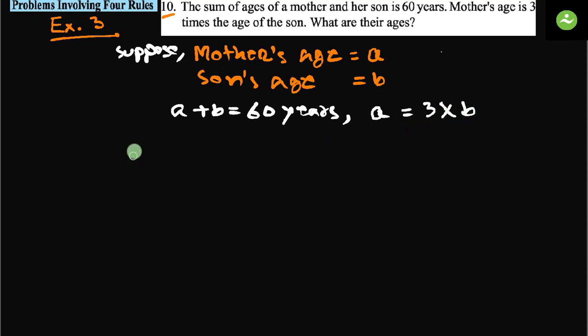So now can we write, therefore, if we write A's value as 3B, therefore we can write 3B plus B equals 60 years.